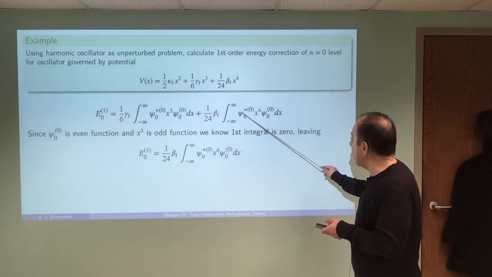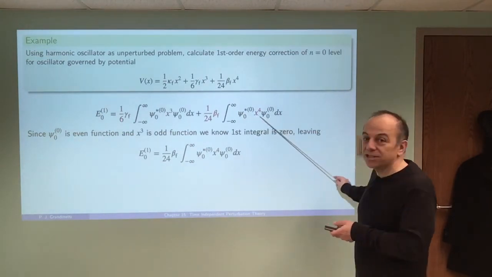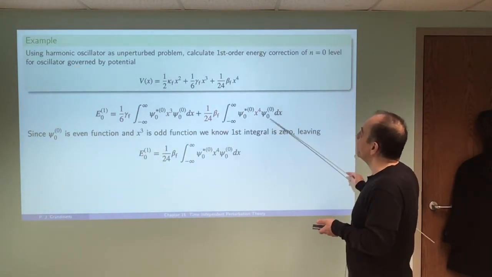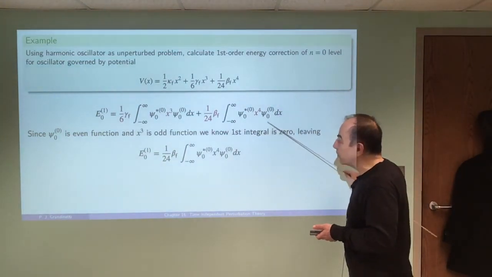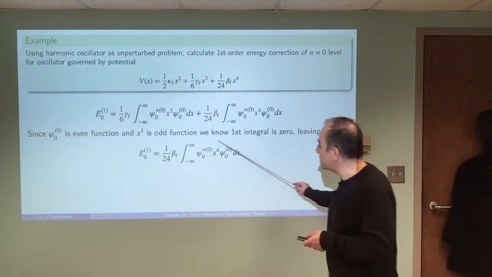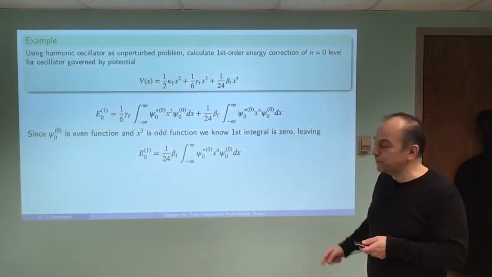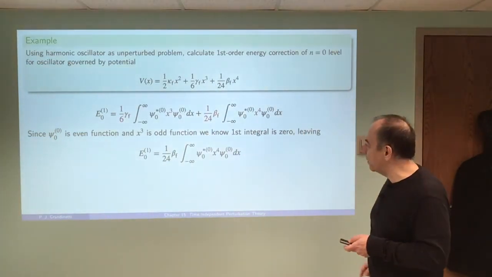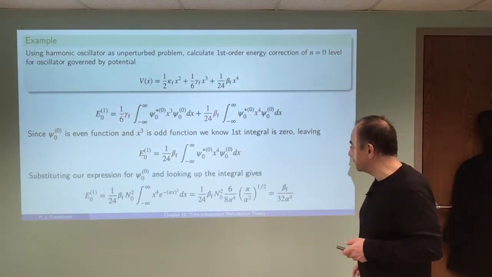Over here, again, we have an even function times an even function. X to the fourth is an even function. So the product of all those even functions is an even function. So that integral will not be 0. So this is what we're left with solving in this problem. So from simple symmetry arguments, we can eliminate that one so we don't have to deal with it.